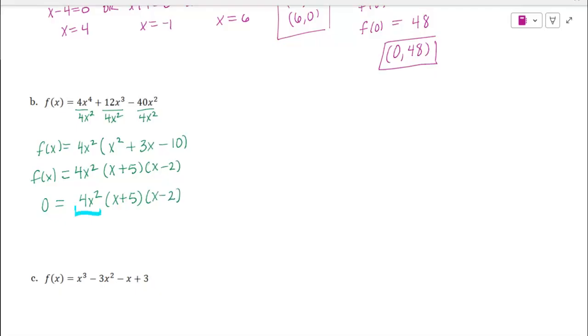This one here is going to give us x equals 0. This one here is going to give us x is negative 5. And this is going to give us x is equal to 2. So we think that our x-intercepts are going to be (0, 0), (negative 5, 0), and (2, 0).